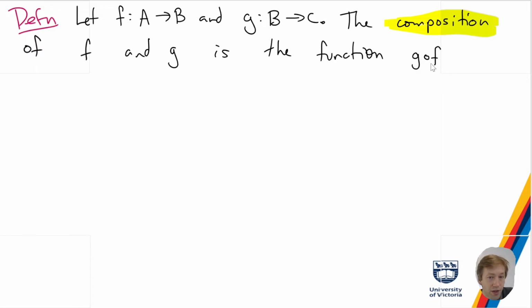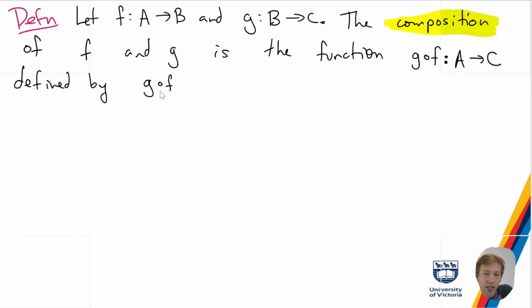The little circle is not an O, it's a little circle. So g circle f has domain A and codomain C, and it's defined by: the composition of f and g of x is defined to be equal to g of f of x.